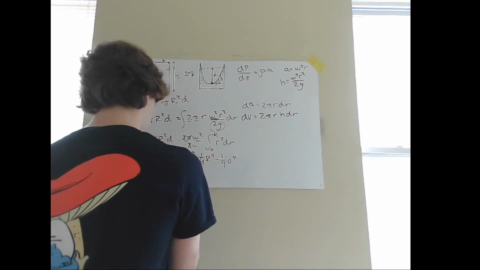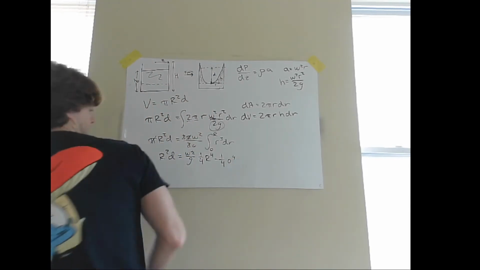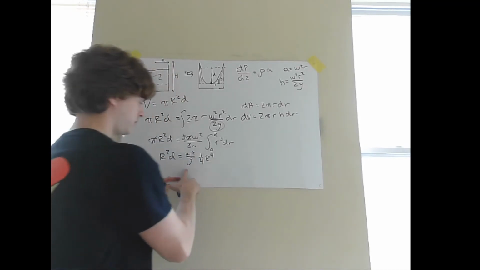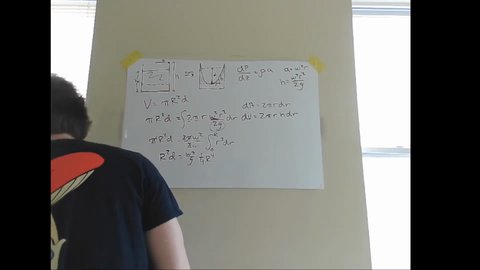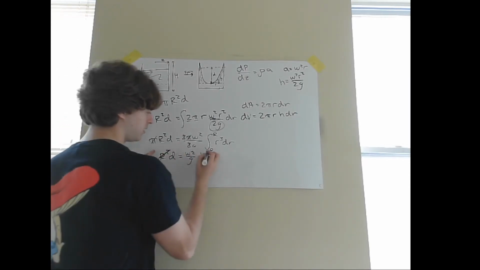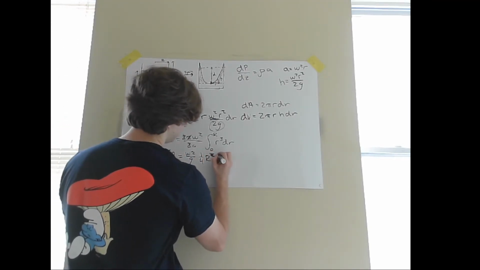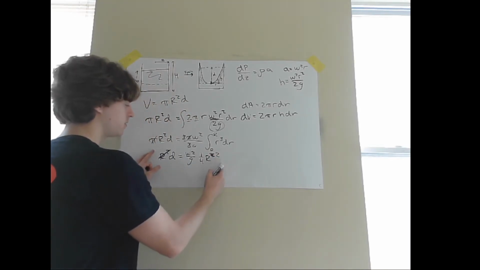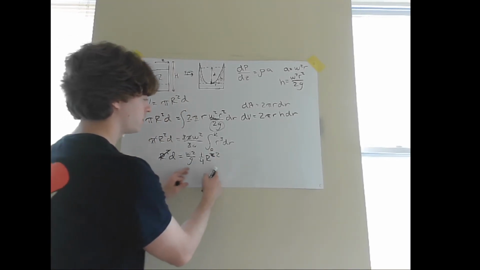And so this term is just 0. So we're left with just this expression for the right side. Now we can cancel out this r squared with this r to the 4th power. It'll just become r squared. And that is our expression for D.